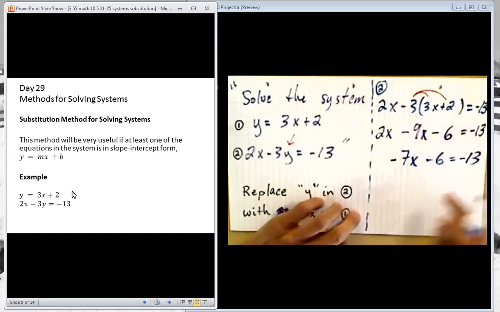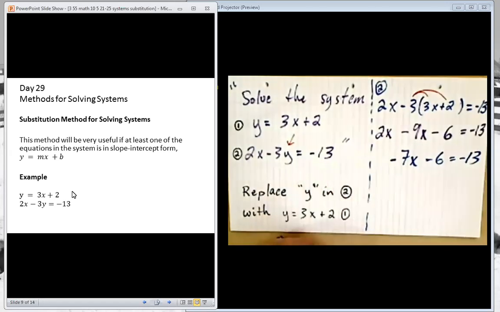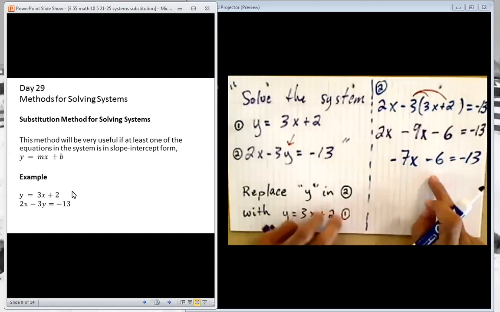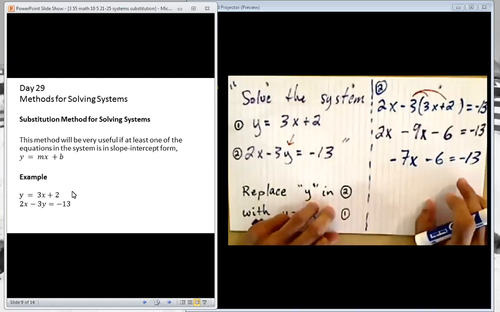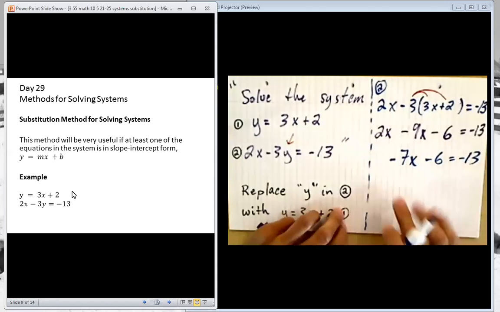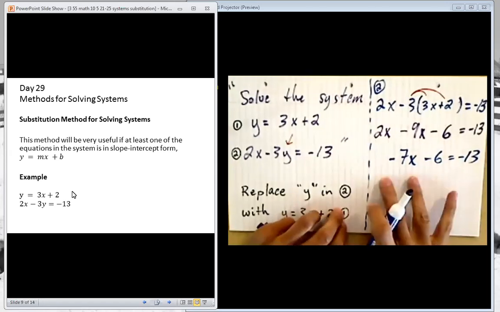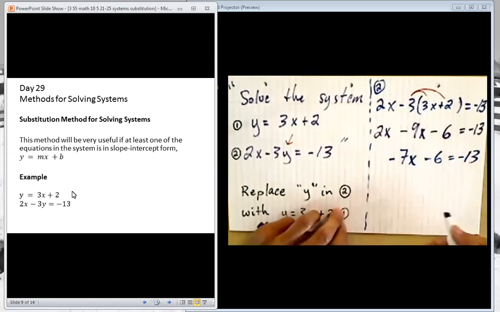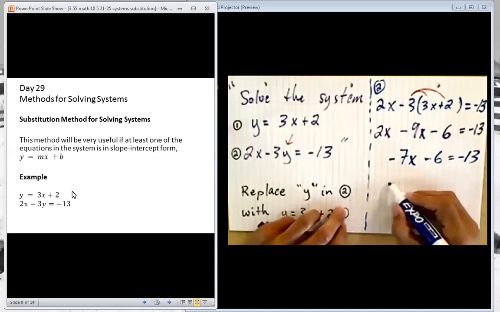Now, we want to get the 7 by itself. Not yet. We're going to get the minus 6 onto the other side. That way it's only x. It's going to be like minus 7x is minus 7. I think it should be x first.